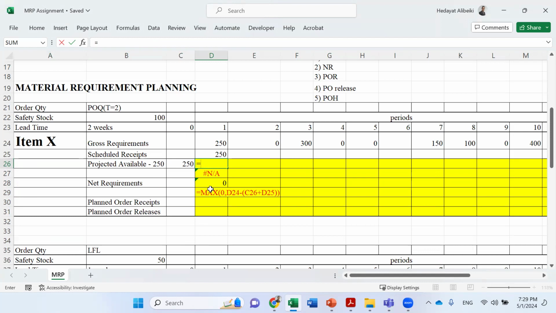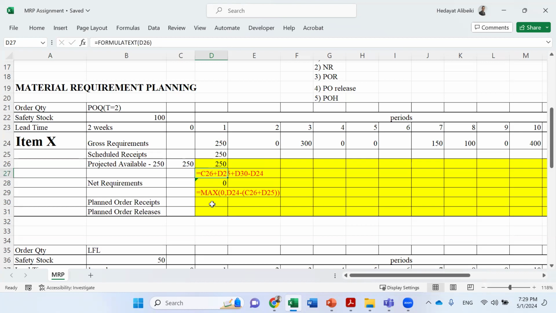On-hand inventory is going to be previous inventory plus everything that I receive during this week, including scheduled receipt plus planned order receipt, minus gross requirement.